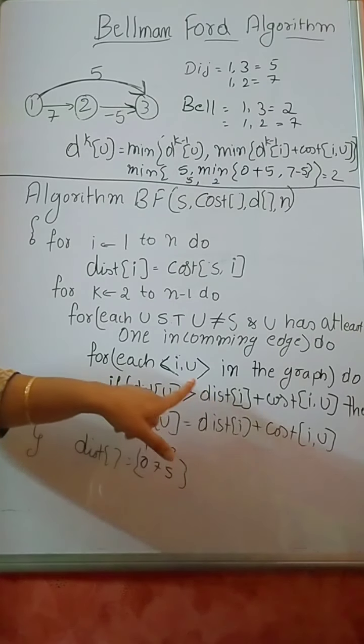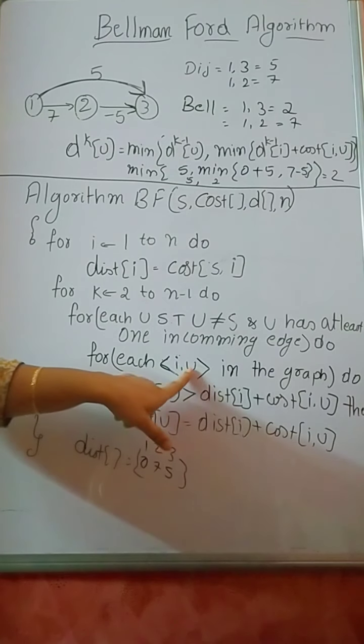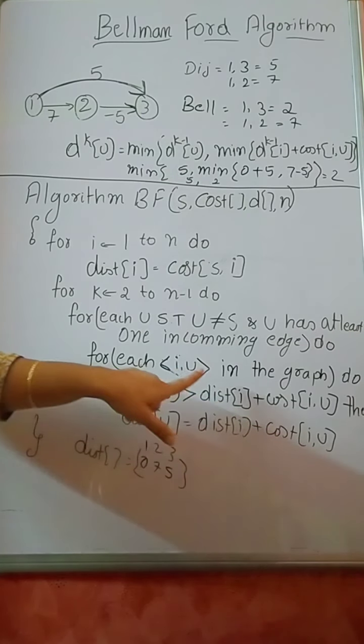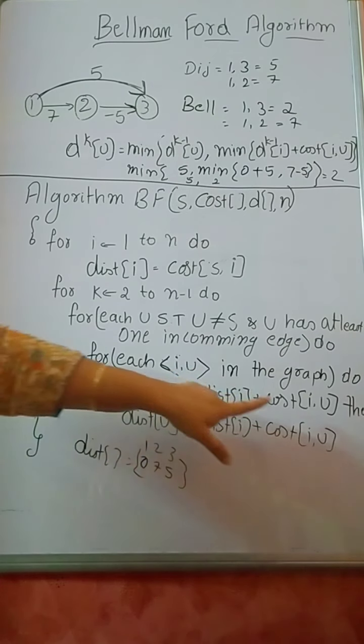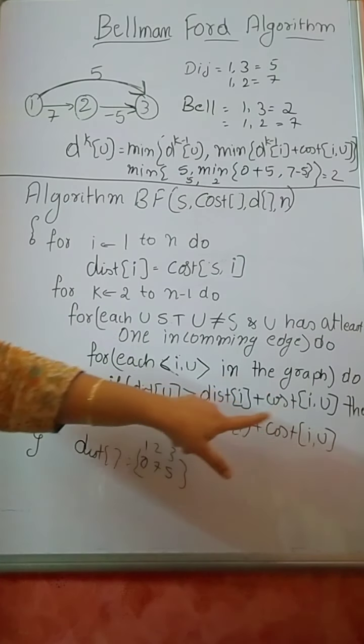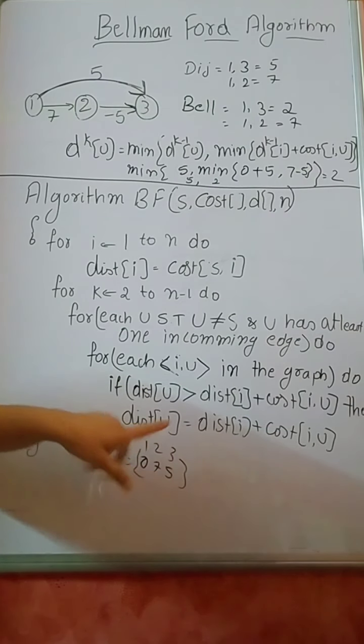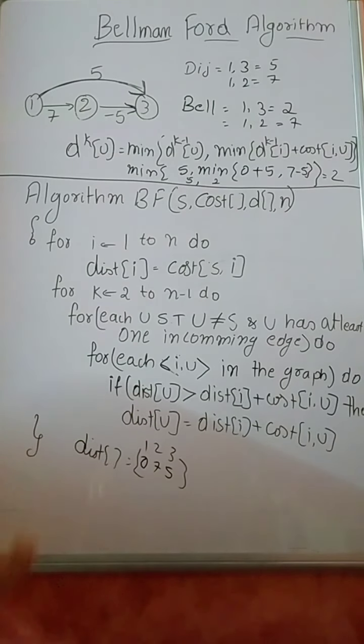Otherwise, this is the incoming edge you have, i to u. So distance till i plus cost of i to u. If this is minimum, then that will be copied to the distance. Otherwise, if the previous is smaller, then no update will be done. It is the previous value only.